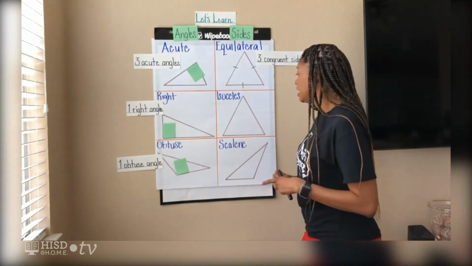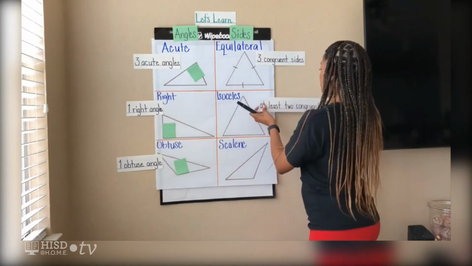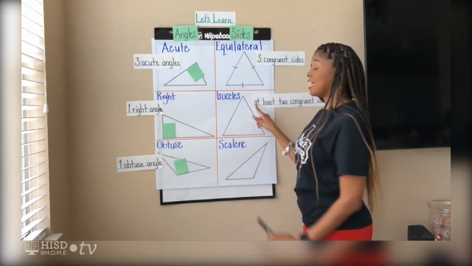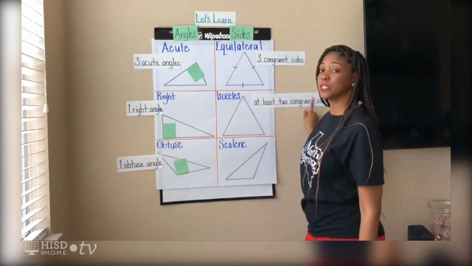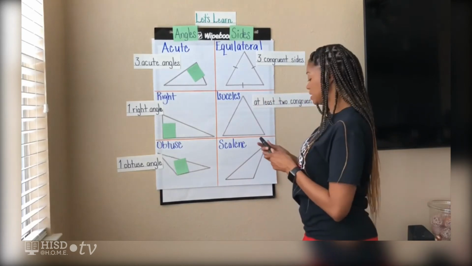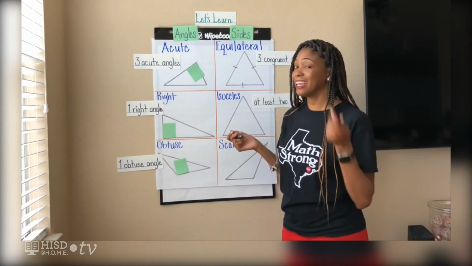Isosceles triangle. Isosceles triangle means at least two congruent sides. At least two congruent sides, which means that on your shape, you will have two sides that have the same marking, at least two.